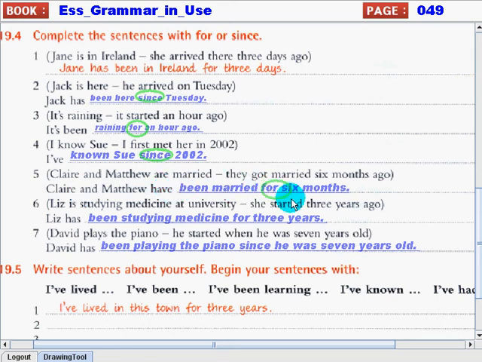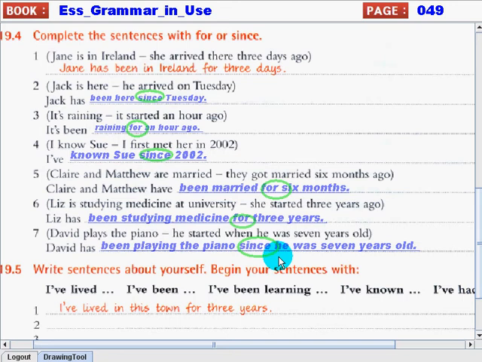Alright? Okay, next. Liz is studying medicine at university. She started 3 years ago. Liz has been studying medicine for 3 years. And finally, we have number 7. David plays the piano. He started when he was 7 years old. Answer is, David has been playing the piano since he was 7 years old.